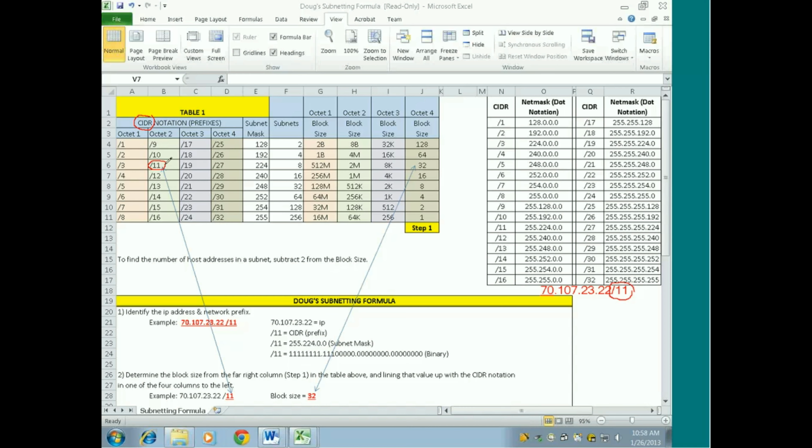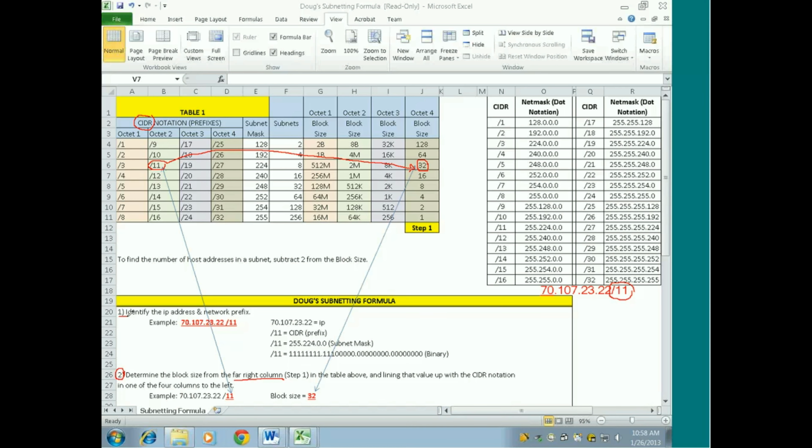Does this chart look familiar? We just drew it, didn't we? /11. I immediately go to the far right column to determine my block size. For step number 2, always go to the far right column.